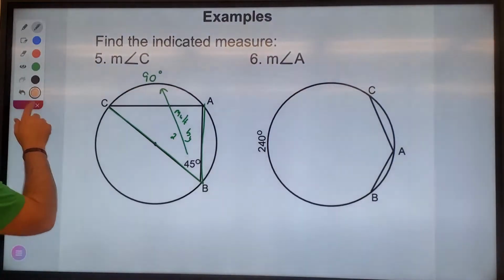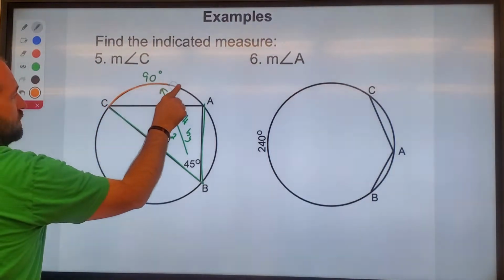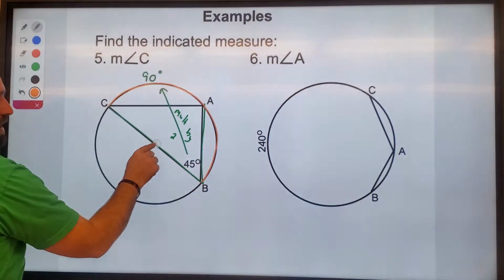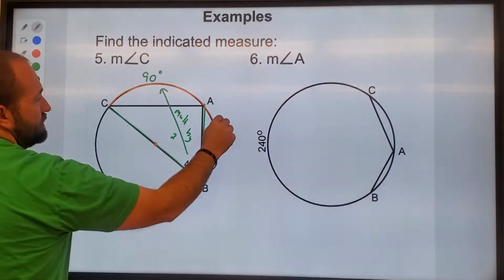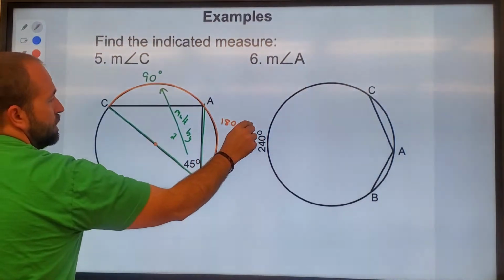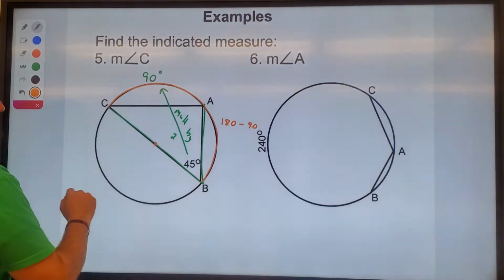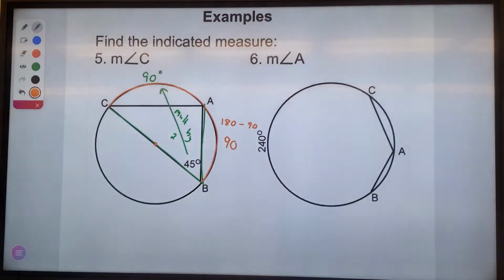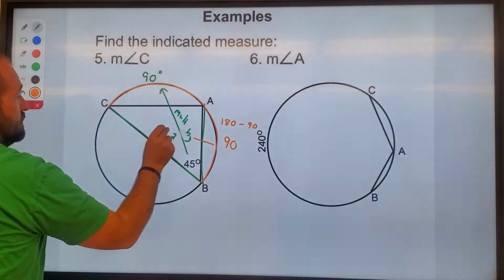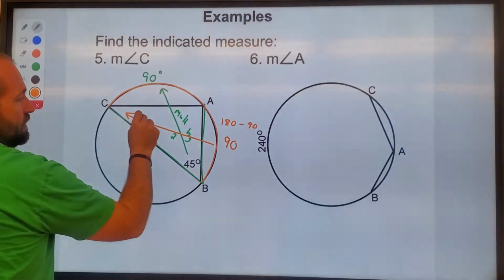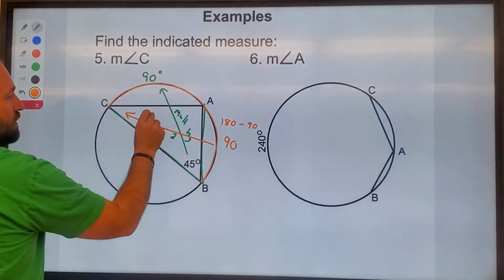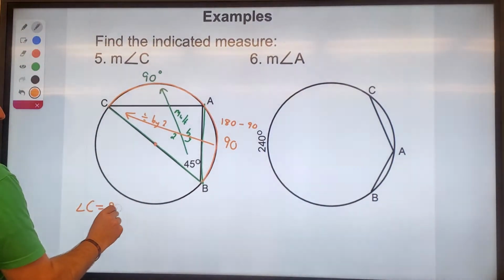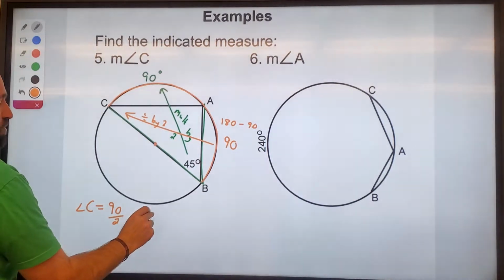And again, understanding that from C to B, so CAB, is in fact a semicircle, then this is 180 degrees. Minus the 90 degrees that we just found from A to C, which means arc AB is also 90 degrees. And then I can work my way in and divide by 2. So angle C here is 90, divided by 2, which is still that 45 degrees.